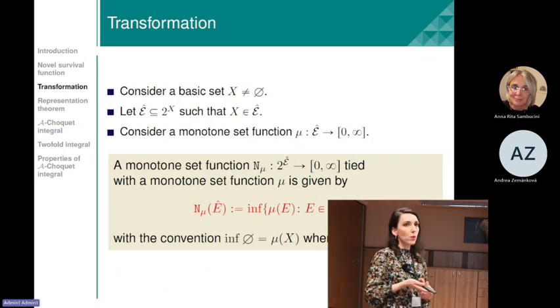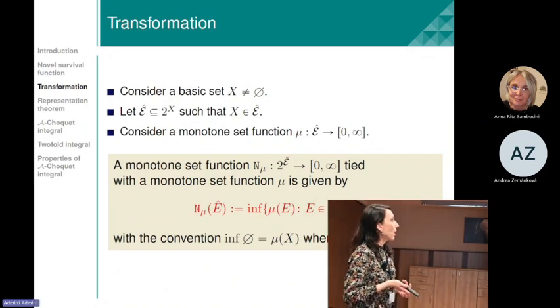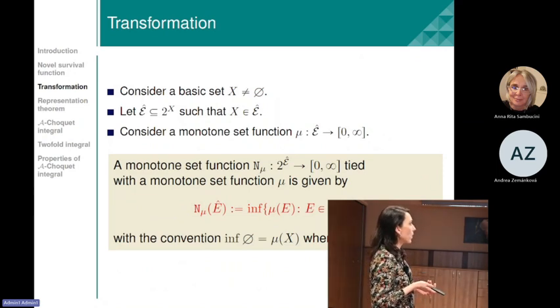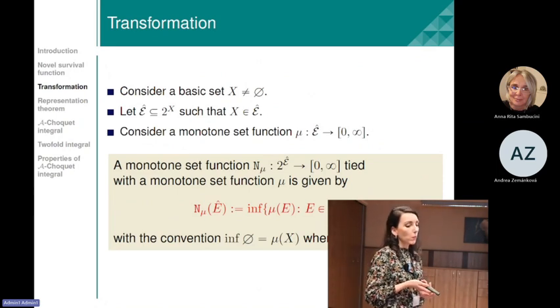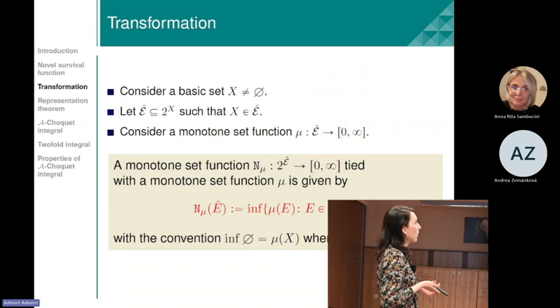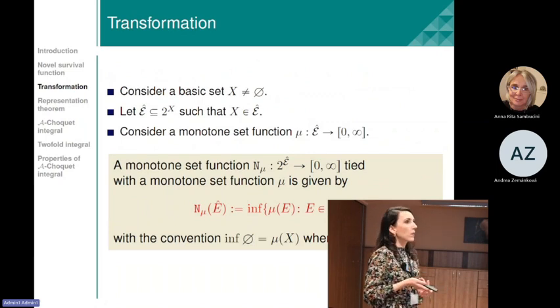As I mentioned in the introduction, we have introduced a transformation of a monotone set function to a power set. Let me note that we use the term monotone set function instead of the term monotone measure because we require μ to be defined on any collection of subsets of the basic set X. Even the empty set doesn't have to belong to it.